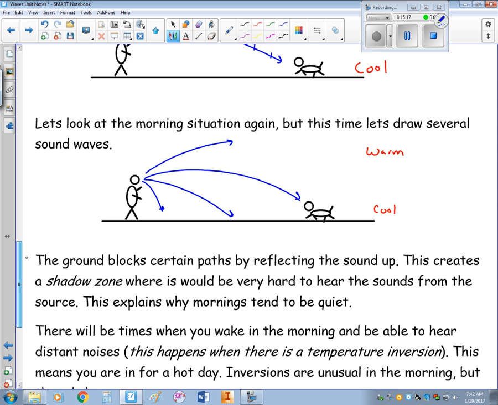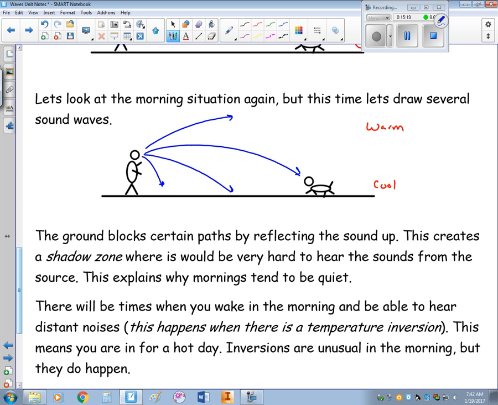Now, the ground itself is going to block certain paths by reflecting the sound up.